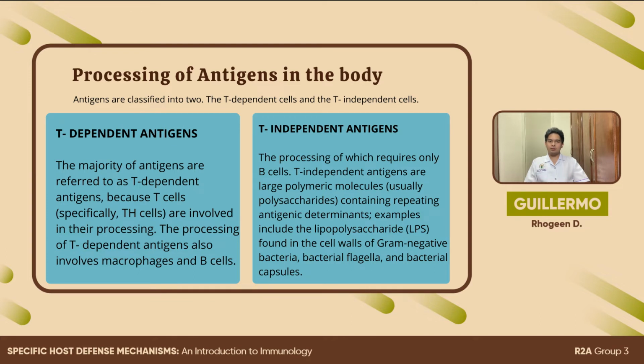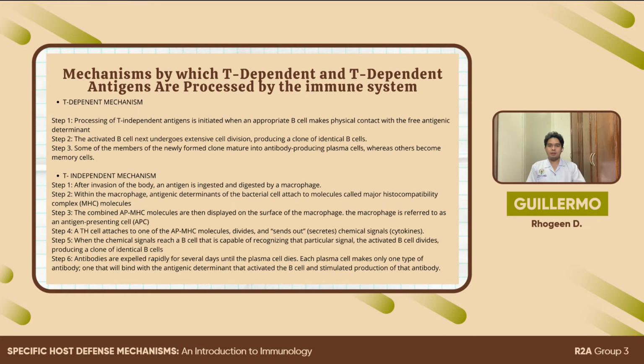T-independent antigens are large polymeric molecules, usually polysaccharides containing repeating antigenic determinants. Examples include the lipopolysaccharide or LPS found in the cell walls of gram-negative bacteria, bacterial flagella, and bacterial capsule. The processing of either category of antigen, T-dependent or T-independent, results in B cells developing into plasma cells that are capable of secreting antibodies.